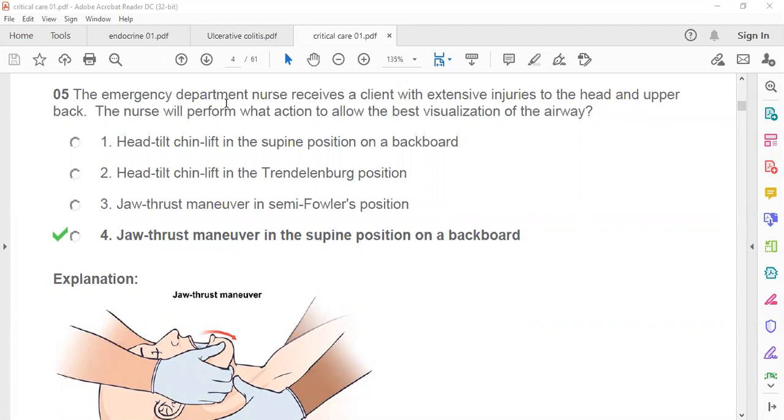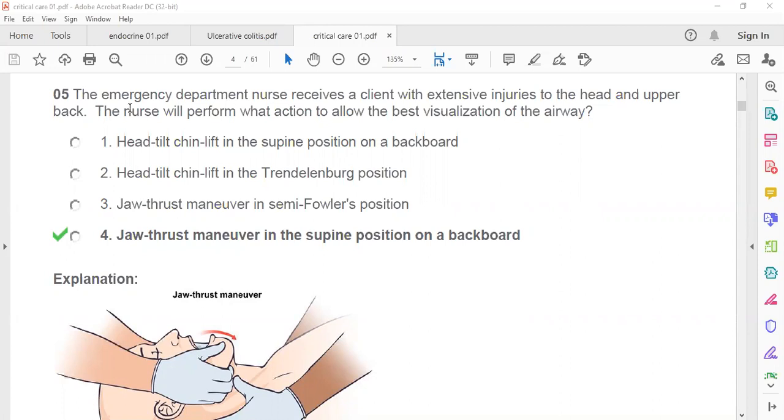Imagine suddenly somebody has fallen or any kind of accident has occurred and injured the cervical area or neck. What could we do as an RN or LPN? What are your responsibilities?